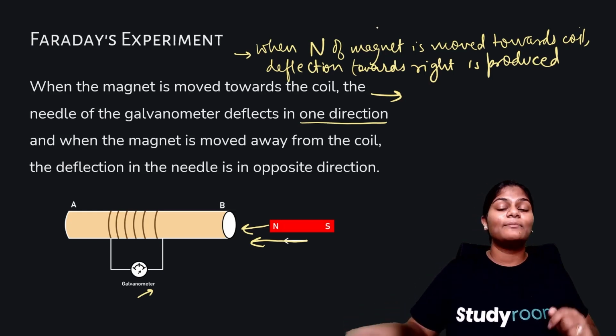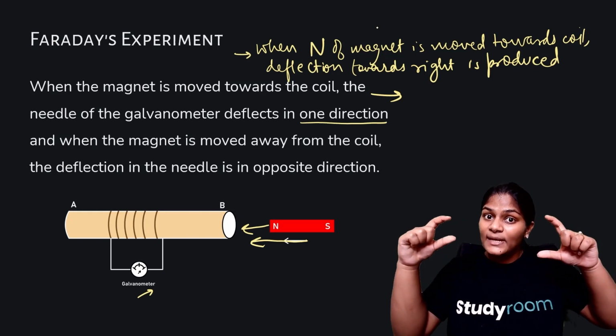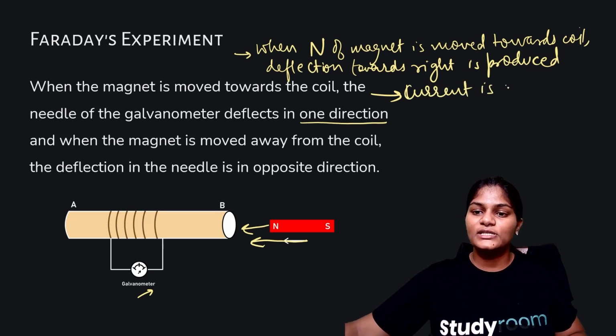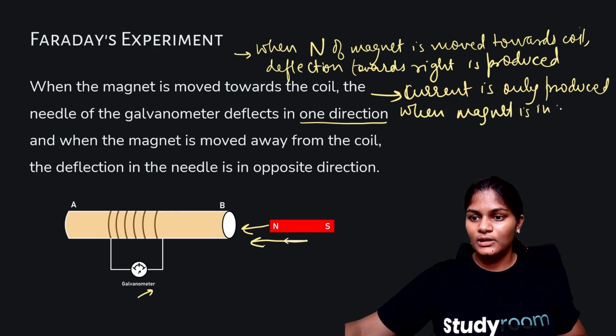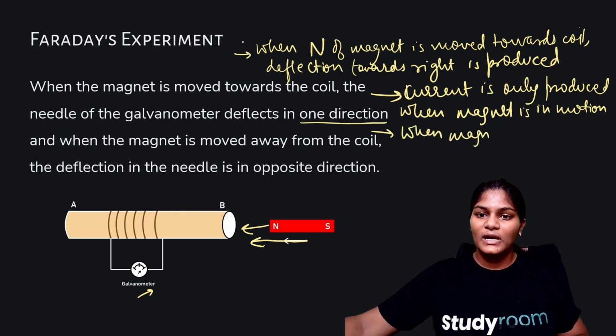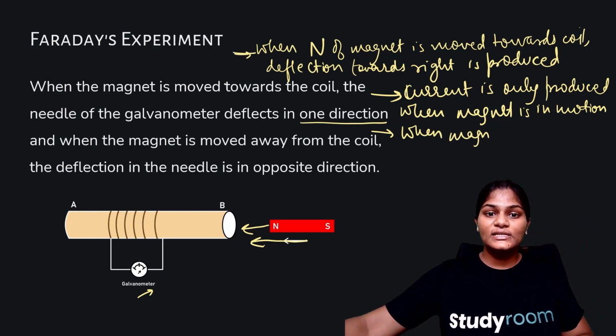What does that mean? That means that the current is only produced when the magnet is in motion. So I'm writing, current is only produced when magnet is in motion. And why did I say that? Because when the north pole of the magnet is moved towards the coil, there is a momentary deflection.